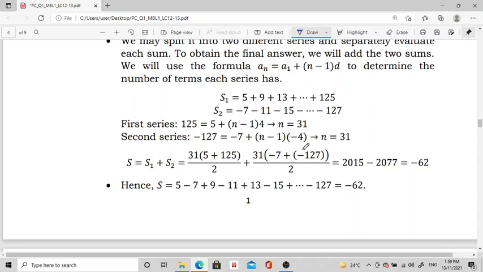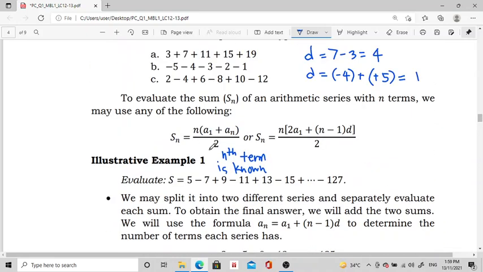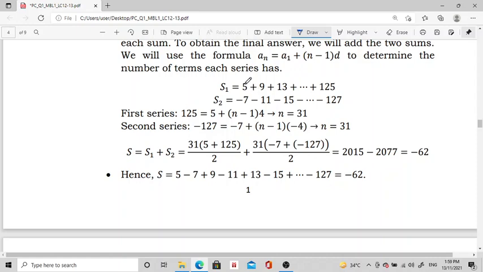So now, we will plug in yung known values to evaluate the series. So here, ginamit natin itong formula. Ito. So yung 5, yung first term, plus yung last term, times kung pang ilan yung last term, all over 2.